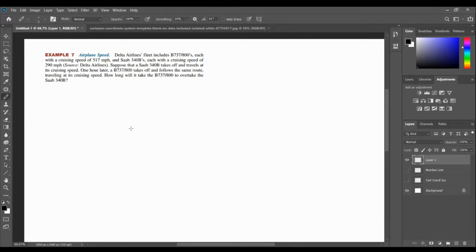So what we have here is a problem with airplanes. We've got these B737s. Let me highlight some information here. We've got the B737s, and they fly at 517 miles per hour.